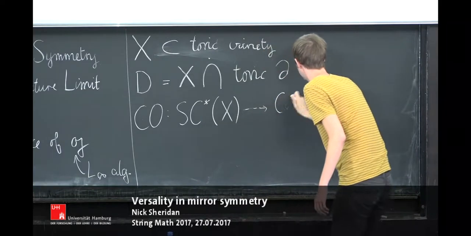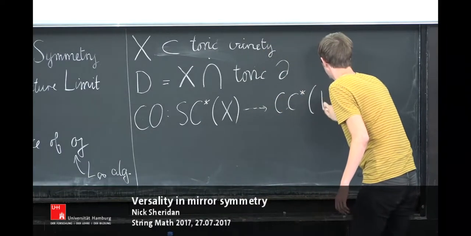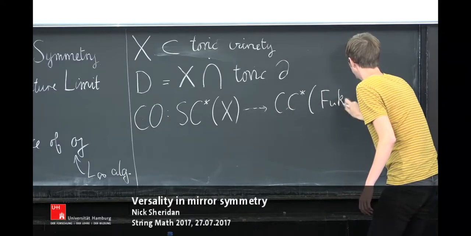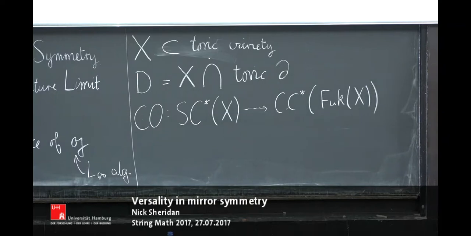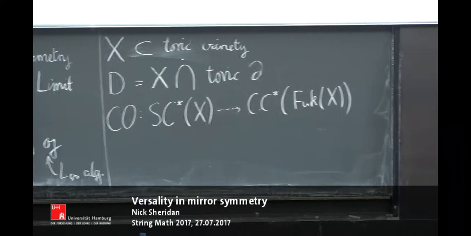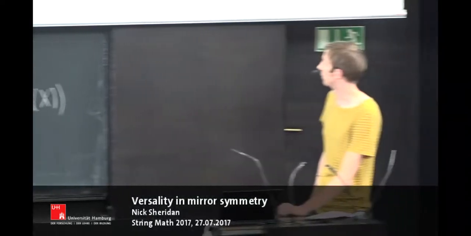It maps from a certain version of Floer homology of our manifold to the Hochschild cochains on our Fukaya category.